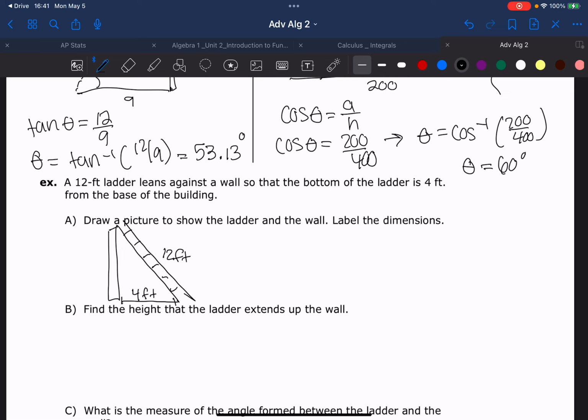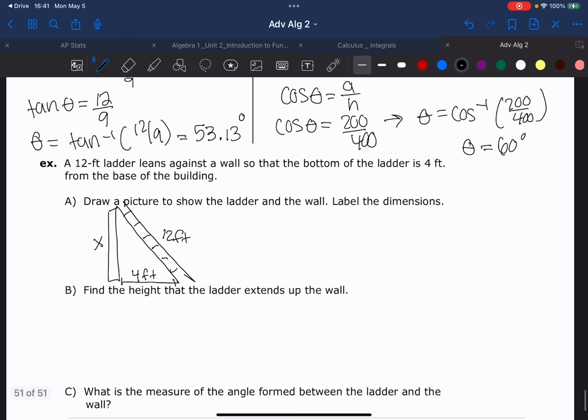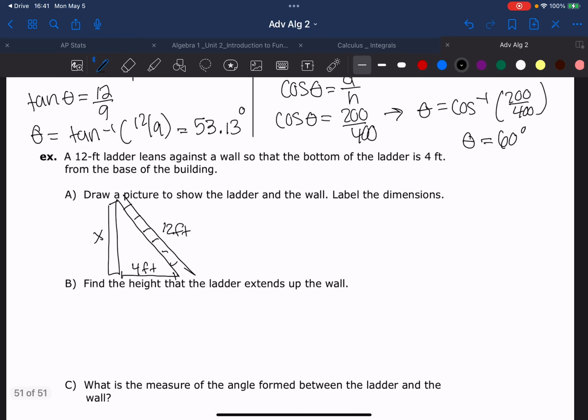Okay, so it doesn't say exactly where our angle is just yet, but I know that we don't have x, which is the height of the wall. So it says find the height that the ladder extends up the wall. So it wants us to find x. Well, notice we're given the hypotenuse and we're given a leg, so we could just use the Pythagorean theorem to find the other leg. So that's a squared plus b squared equals c squared.